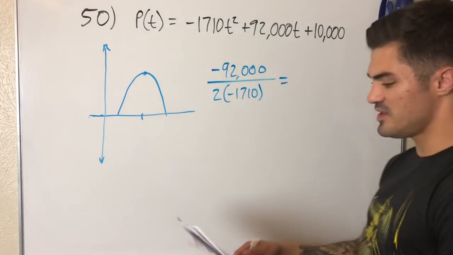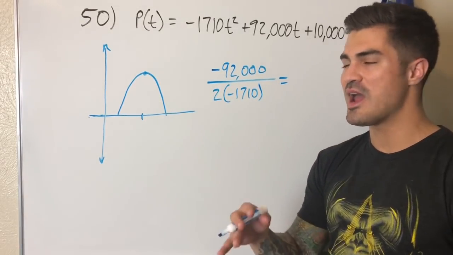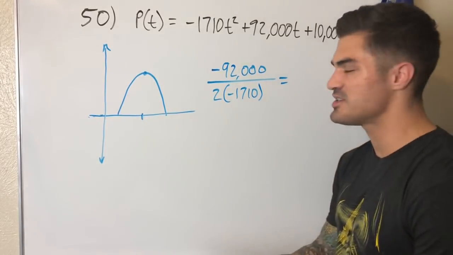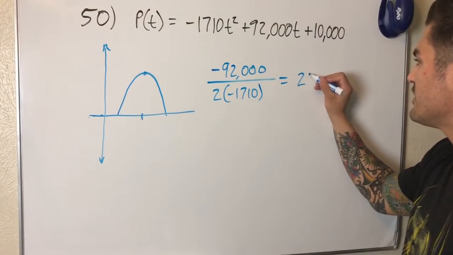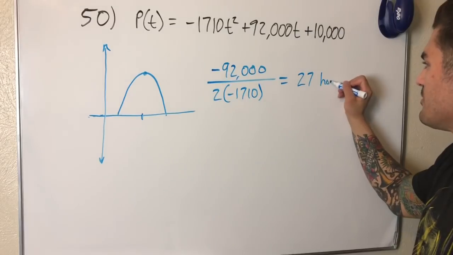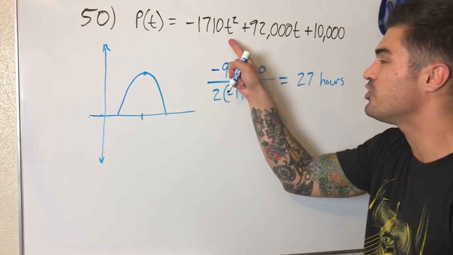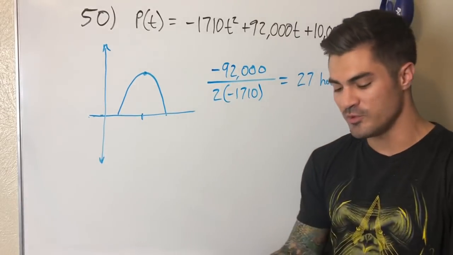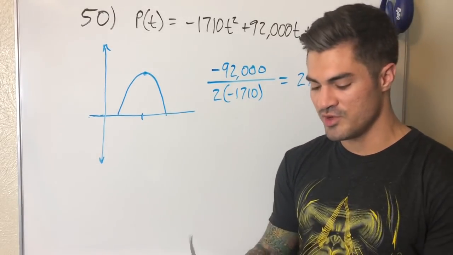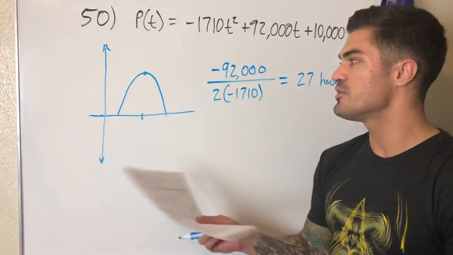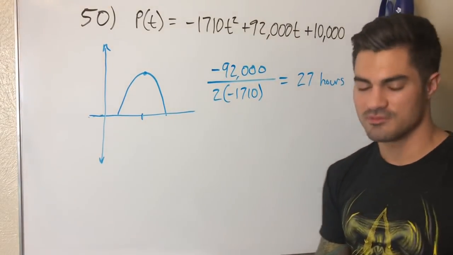And this gives us, I think it's 26.9, but you round to the nearest hour. So 27 hours. And again, if it was asking for the maximum population, then we would have to take this time and go back and plug it into our function. So you have to be real careful what it's asking for. Make sure you read and understand what it's asking for. But for this problem, 27 hours.